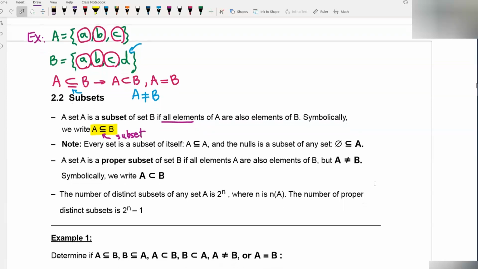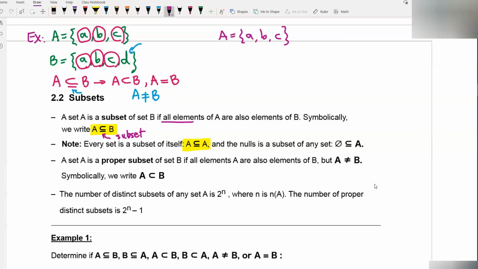Every set is a subset of itself. We always have this one. Obviously, if I use the set again, all these members that we have inside A are inside A. So that is what this one means.